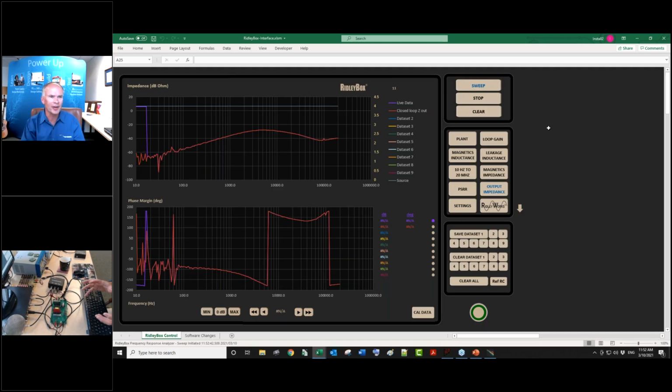You've got to close the current loop, but you have to make these two measurements. So when the current loop closes, you turn the power supply into a sort of a current source, and all we're going to see is the load resistor right here, and we're going to see the output capacitor. Should have changed my bandwidth there, but we'll go slow. So this is just measuring the value of the load resistor.